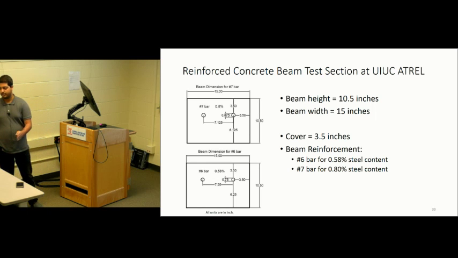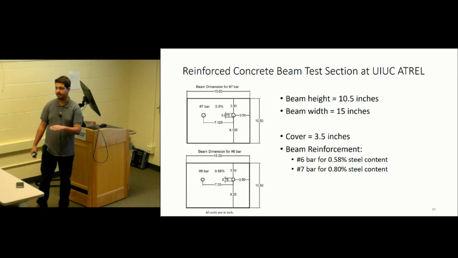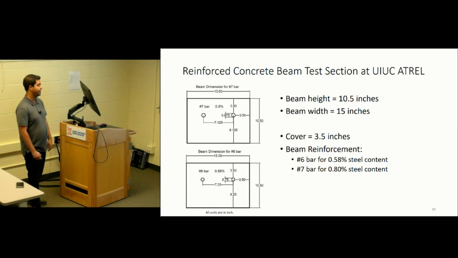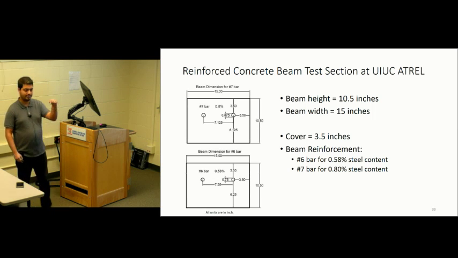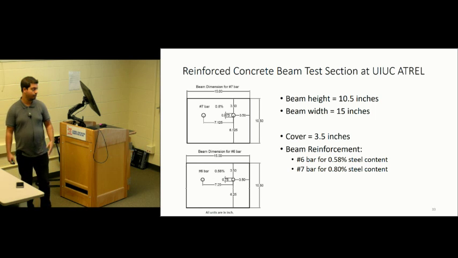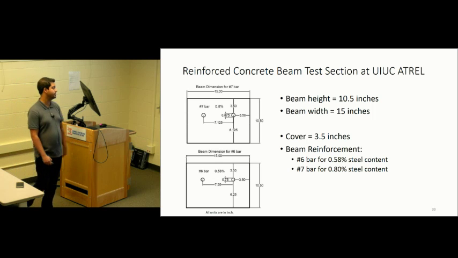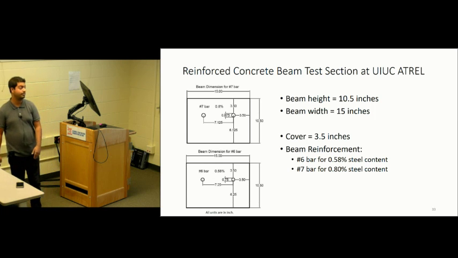So it's a beam that's 15 inches wide and 10.5 inches in depth. The cover of the steel is kept at 3.5 inches from the top and the side of the beam, which is usually the typical depth at which we keep this reinforcement in CRCP.